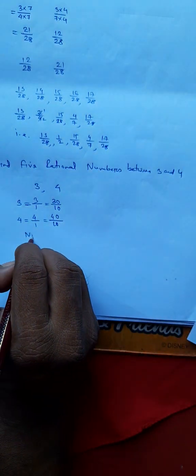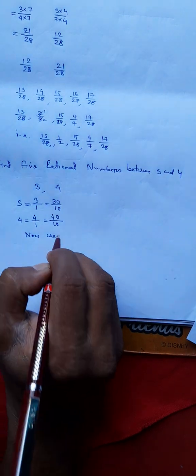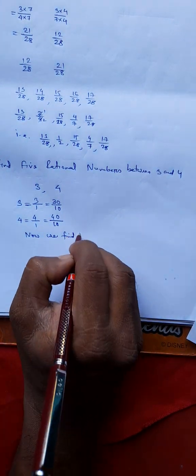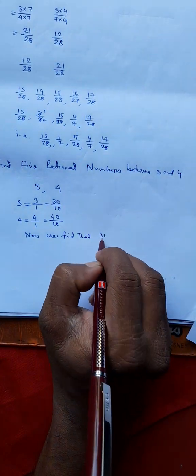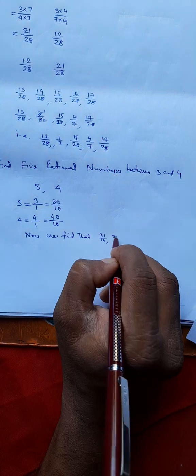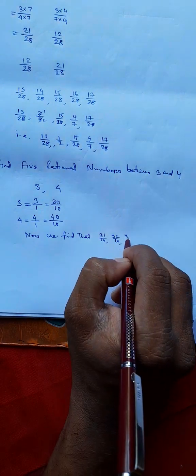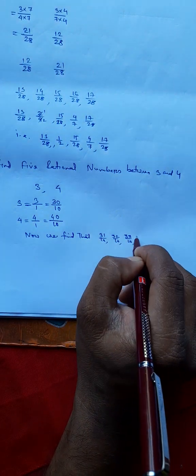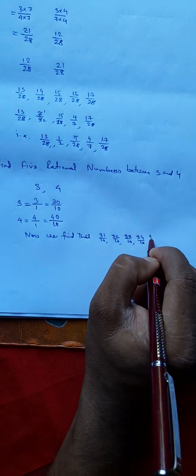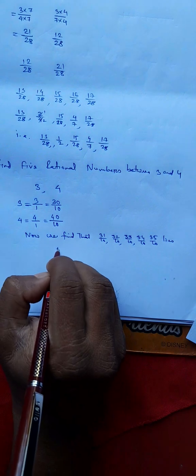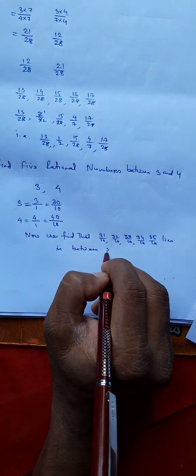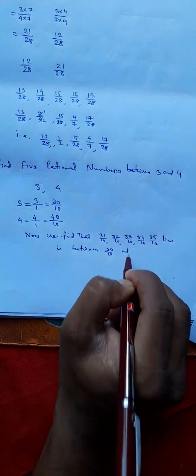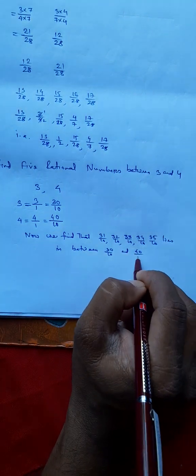Now we find that 31 by 10, 32 by 10, 33 by 10, 34 by 10, 35 by 10 lie in between 30 by 10 and 40 by 10.